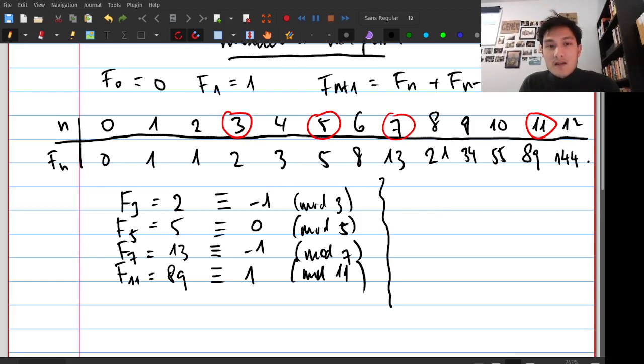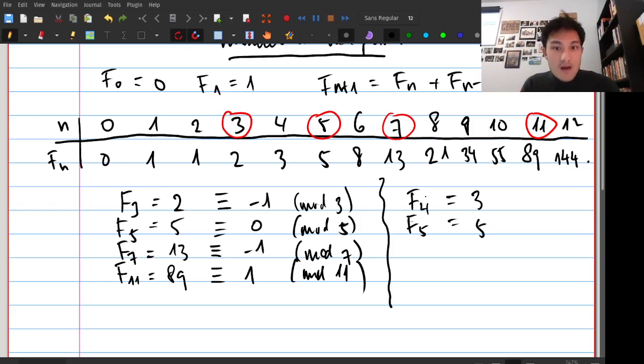So if we look at f of 3 plus 1, so f4, we get 3. Okay, let's do this again. So f5, we had 0 here, so we subtract 0 from 5, and so f5 is obviously 5.